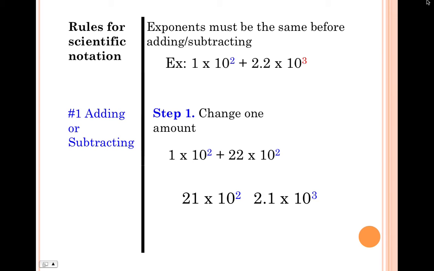Because we moved it to the left, the number gets larger, and we moved it only over once, so that means that our exponent goes up by 1. So again, remember that this was just a mistake and you should have added it, so it should be 23 times 10 to the 2 and 2.3 times 10 to the 3.